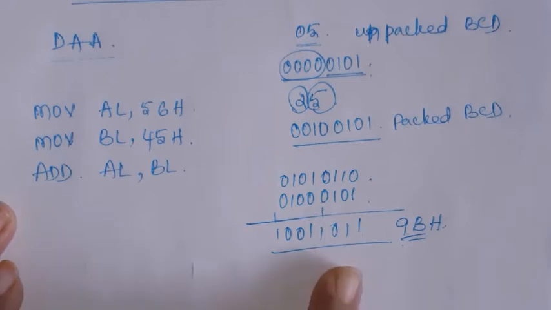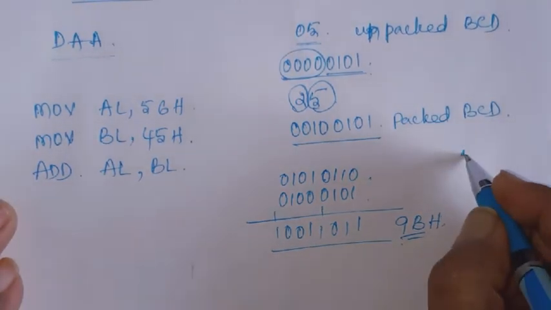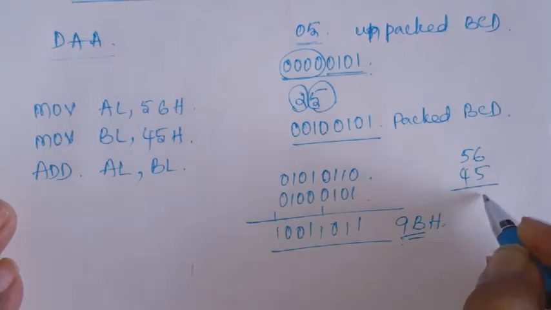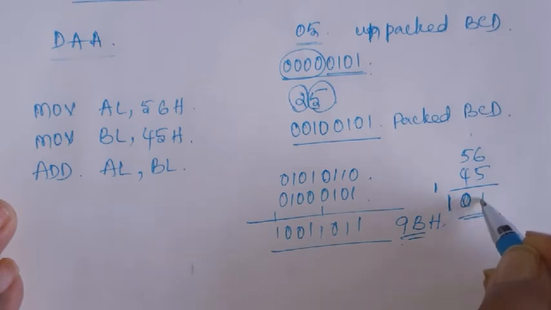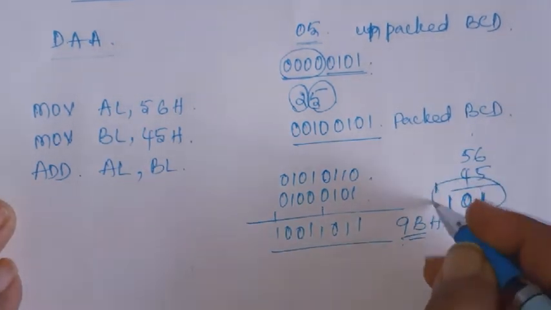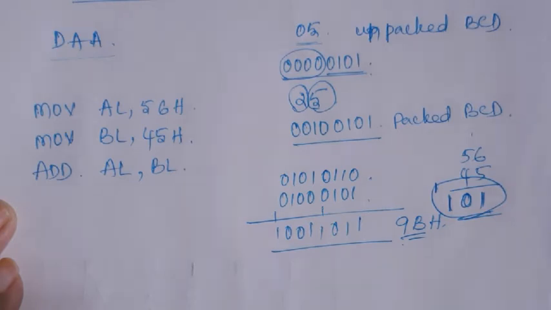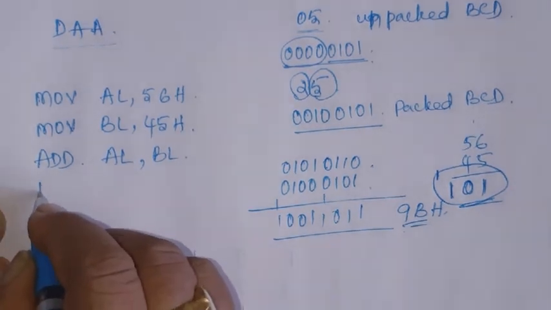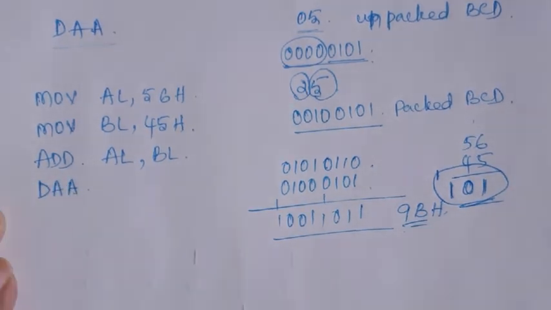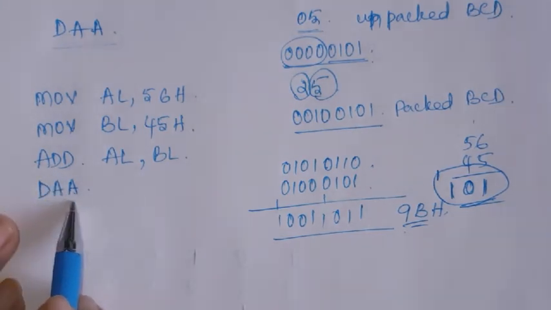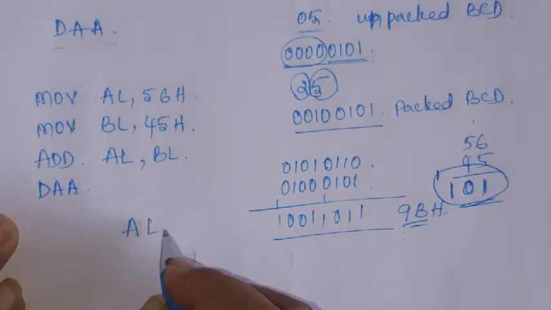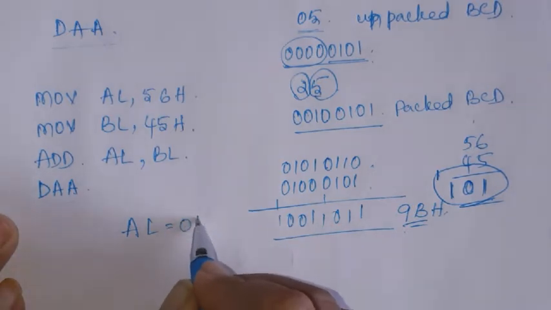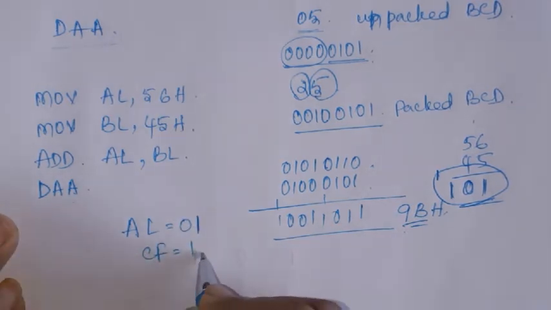But I want the result in decimal. That means if you add the decimal numbers, what will be the result? It is 101. So I want the result in decimal. To get the equivalent decimal result, I can use this DAA instruction after add. After this, if I put the DAA instruction, it will adjust the AL contents, which will become 01 and the carry flag will be equal to 1.